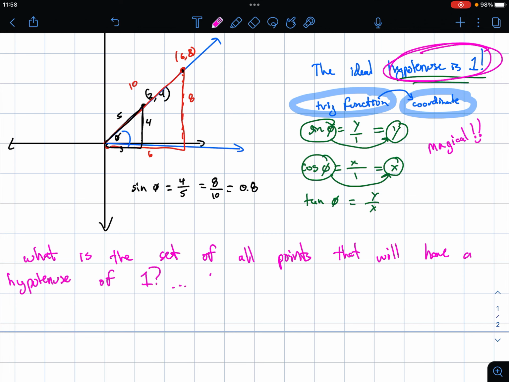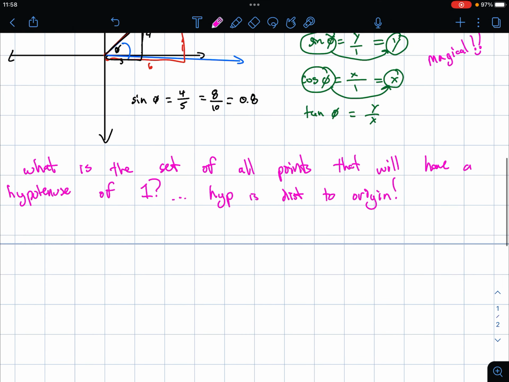And recall that we're talking about the hypotenuse as being the distance from the coordinate to the origin, is distance to the origin. And so if that's the case, well, then this must be a circle with radius 1 centered at the origin.